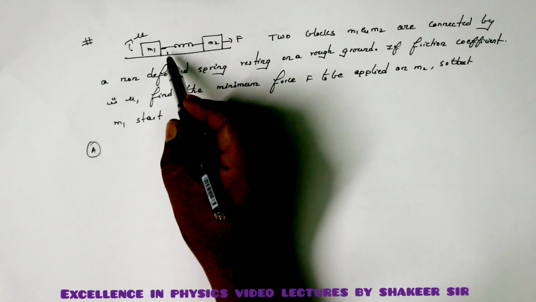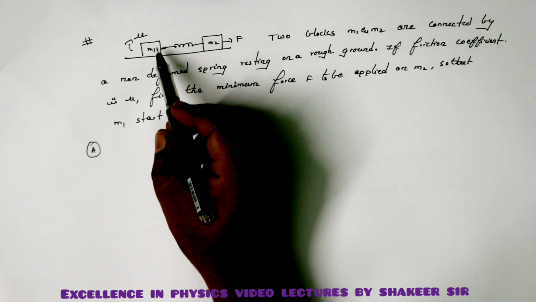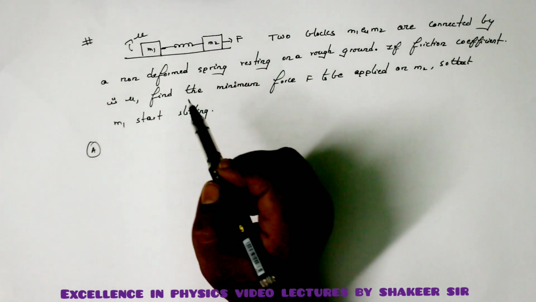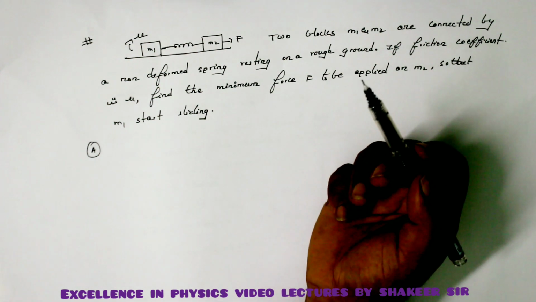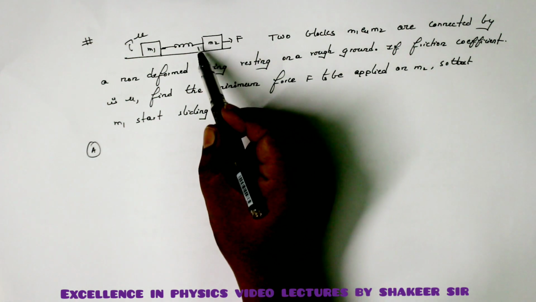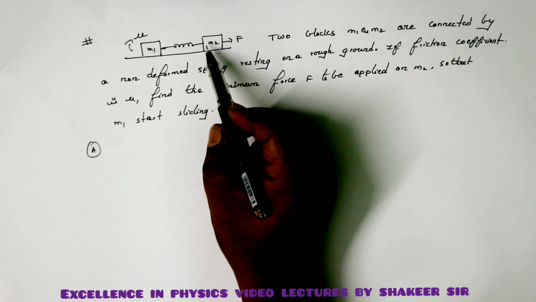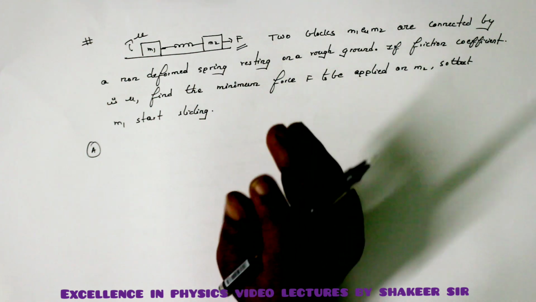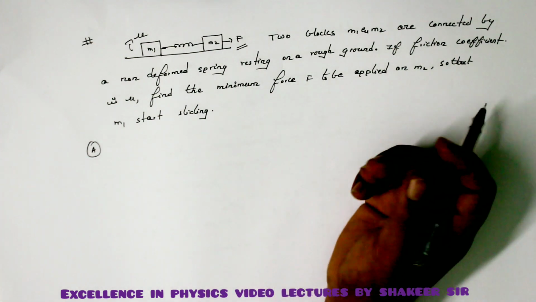And this Kx, if it is equal to the limiting friction present between this M1 and this ground, then M1 is ready to slide. And the applied force and Kx must be equal, because the force which I am required to find out will be the minimum force.